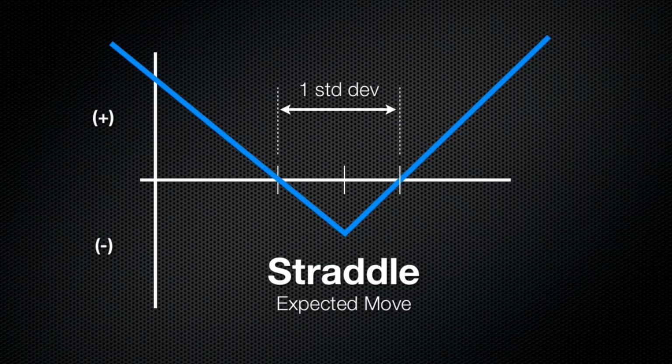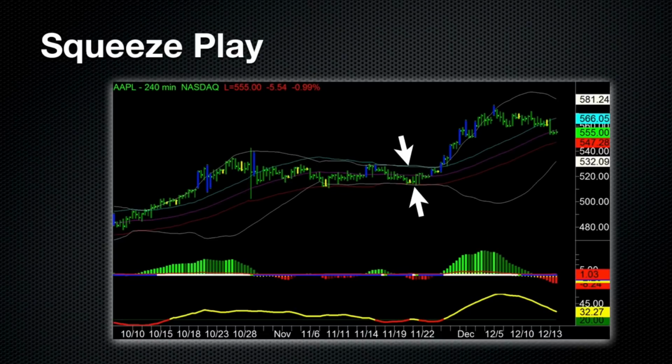The other place that we can use straddles is a strategy that we talked about in the previous segment called the squeeze play. Remember I said that we don't know after a squeeze how much the stock is going to move. We just know that after the squeeze, it's going to move sharply. Well, it's probably going to move outside the expected move.